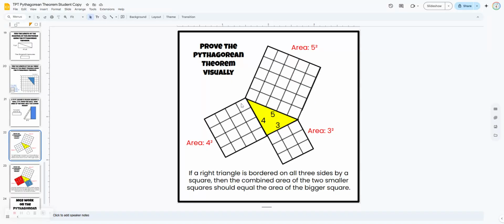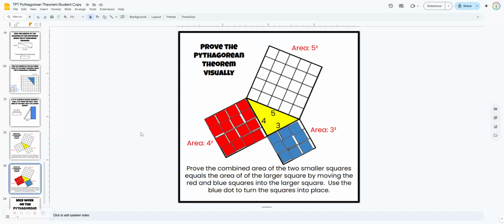We want to prove that the area of each of these is going to equal the area here of this square next to the hypotenuse. We're going to do that on the next slide by moving these squares into place. So we have the area of these two squares should be equivalent to this. That means every one of these red and blue squares should fit into the larger square.